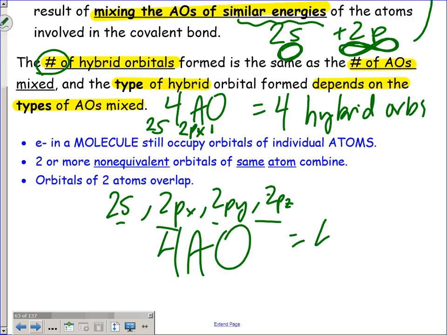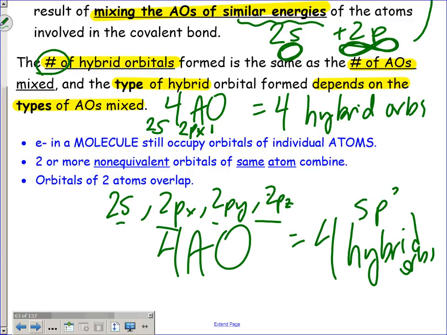They're going to make 4 hybrid orbitals, and those 4 hybrid orbitals are called sp3 because they're a blend of 1 s and 3 p orbitals. We call them sp3 hybrid orbitals, and how many of them are there? 4. So I'm saying there's 4 sp3 hybrid orbitals. I'm just meshing the letters together.